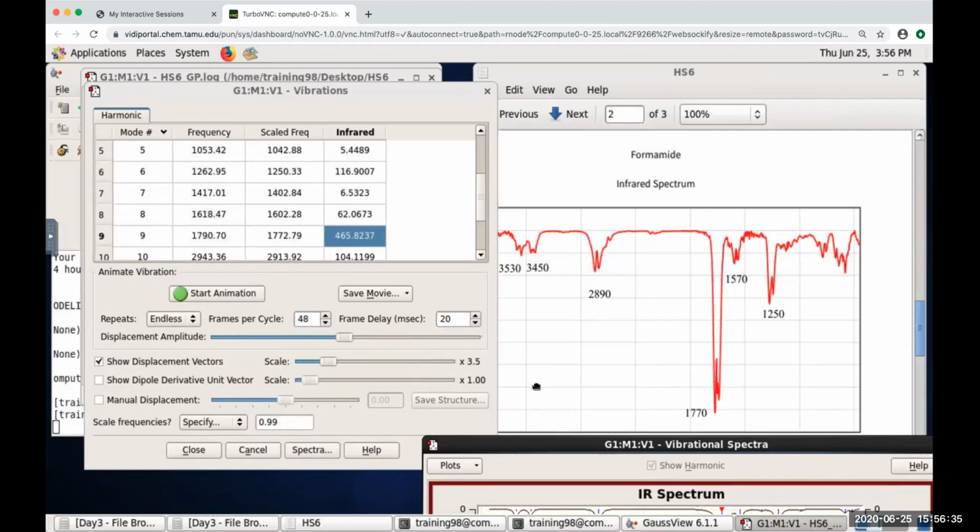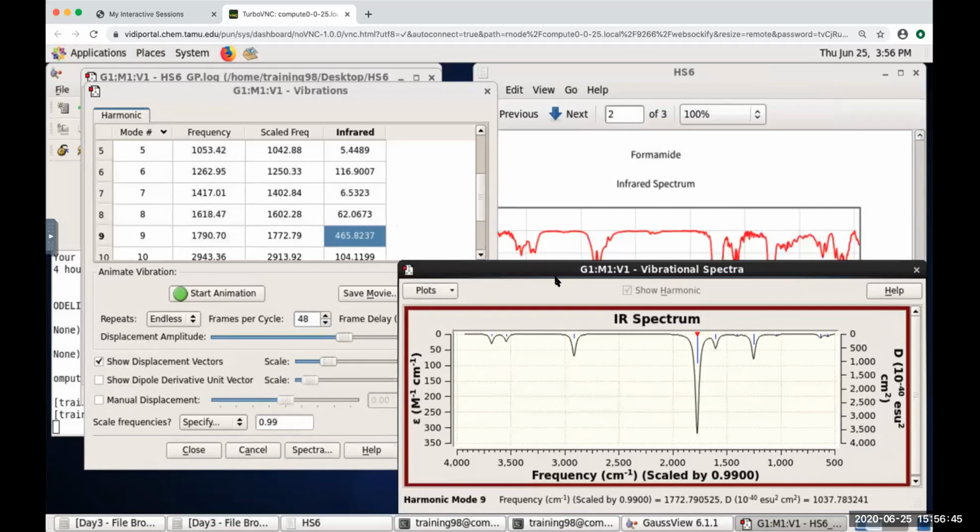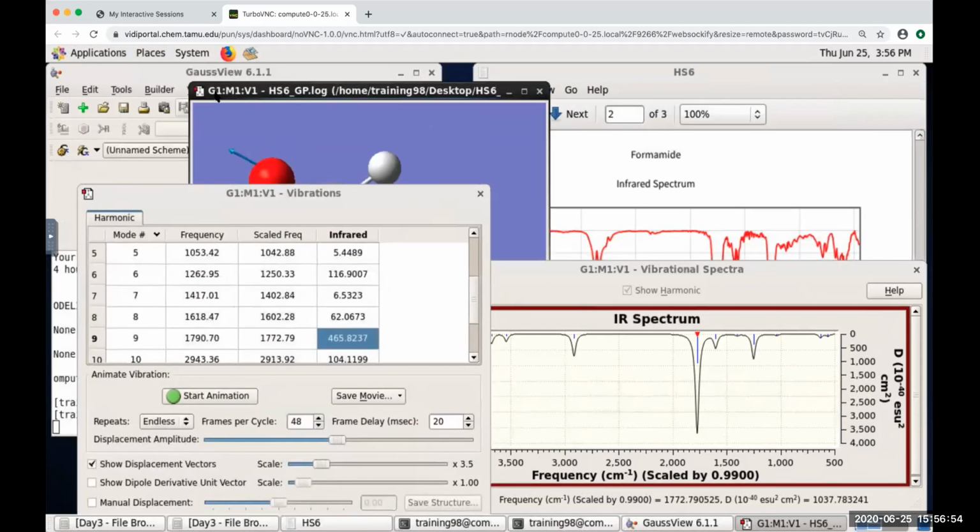So 0.99 seems quite reasonable for this gas phase compared to the experimental. We don't have a lot of anharmonic contribution here, and our level of theory has done a reasonably good job of reproducing the gas phase number. So the next thing that you would want to do is take a look at the other results.